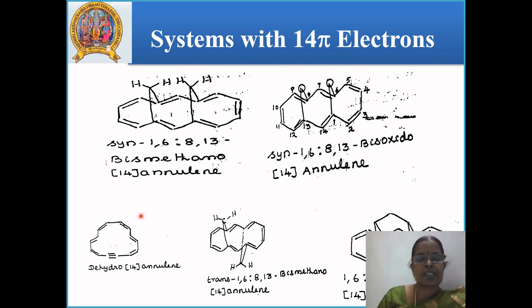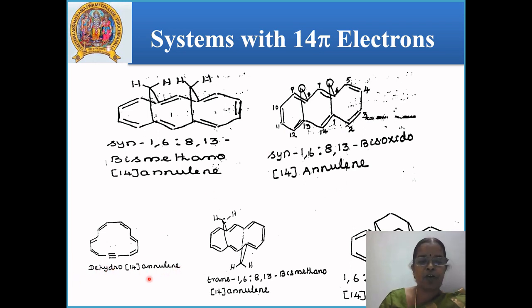The 14 pi electron system, that is 14-annulene, can be made stable when the interfering hydrogens at the 1, 6, 8 and 13 positions are eliminated by a methylene bridge or by an oxygen bridge. This syn-bis-methano-14-annulene and 1,6,8,13-bis-oxido-14-annulene are stable.